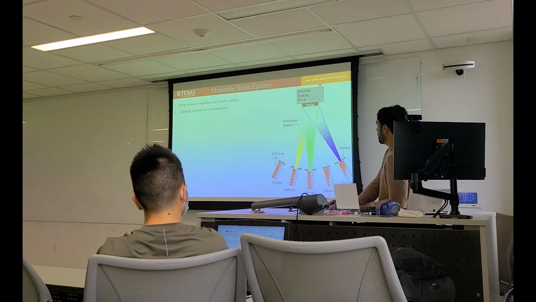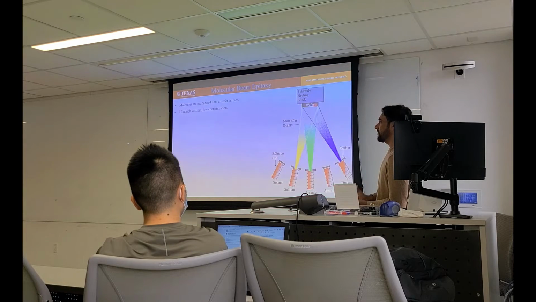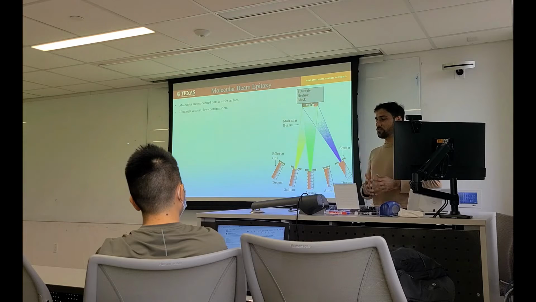And here is your wafer, so you can deposit it. So it is ultra high vacuum system. It has advantages and disadvantages. High vacuum, you can grow crystals without defects, but growth rate is very low. Reason is that there are two precursors, group 3 precursors.